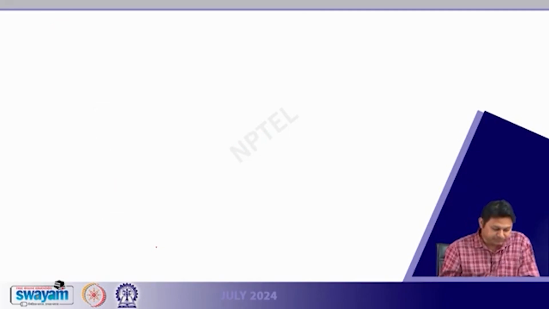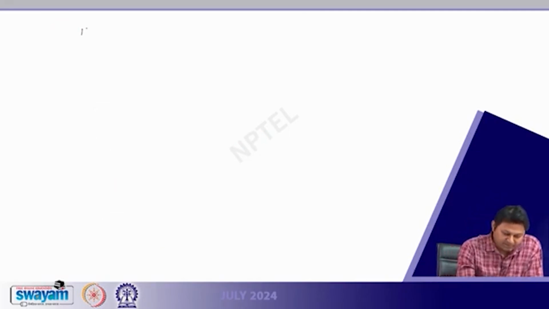So, I can write n square cos square n alpha divided by cos square alpha is equal to sin square n alpha divided by sin square alpha.